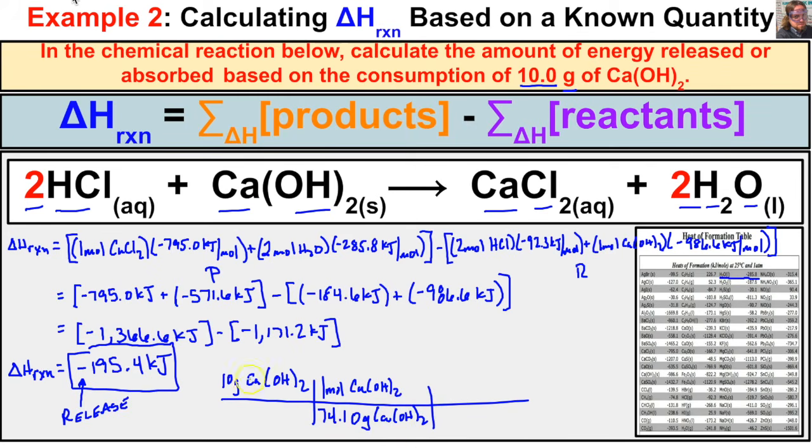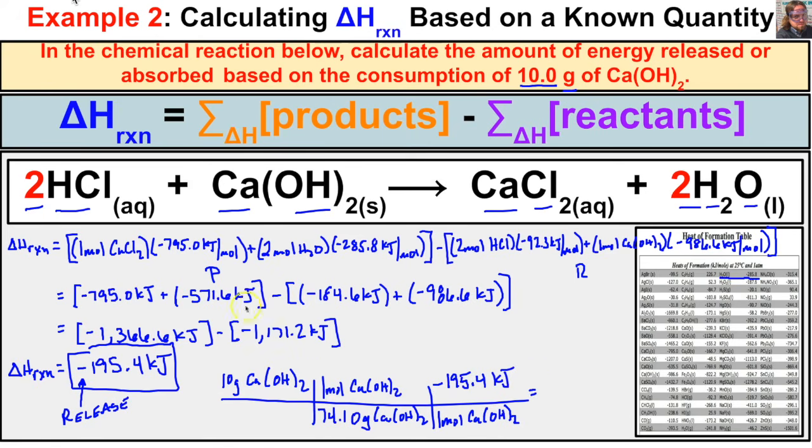And then we just figured out right here that 1 mole of CaOH2, from our balanced chemical equation, is going to be responsible for releasing 195.4 kilojoules.